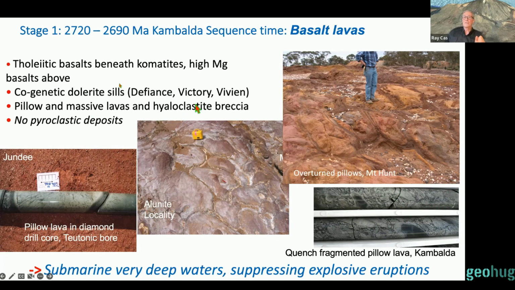Hyaloclastite breccias result from cooling, quenching, in situ granulation of hot magma when it comes in contact with really cold water. It just immediately chills to solid glassy rocks and then just shatters in situ, forming these blocky breccias, which often have in situ jigsaw-fit textures.